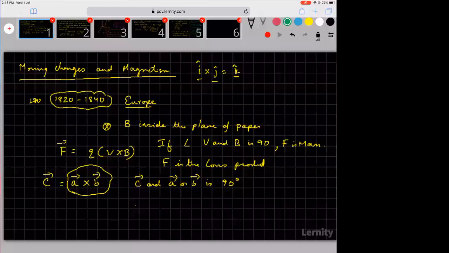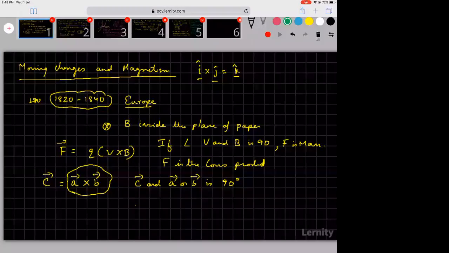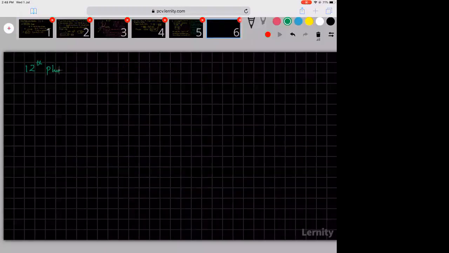Well, the whole of 12th physics is developed mathematically. All these guys were actually mathematicians. They were not physicists. It's only after the 19th century, only after 1900, that physicists came up, that I am a physicist.